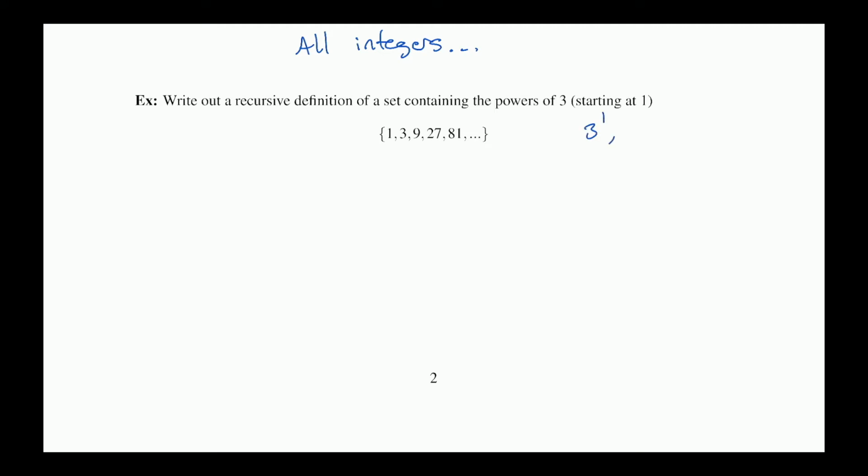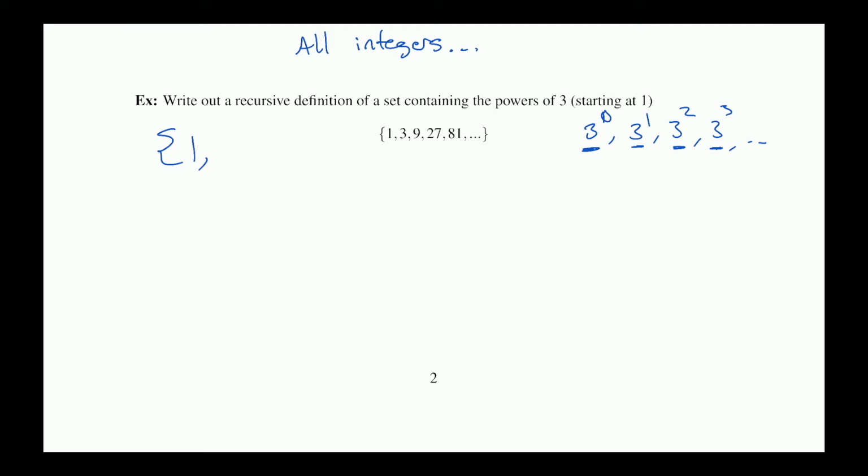So they're 3 to the 0, 3 to the 1, 3 to the 2, 3 to the 3, and so on. That's true, but we're thinking about this in a recursive way, which means not what are they individually, like I have written here, but how do you get one assuming you already know one of them? Like if you already have a 1, how are you going to get a 3?